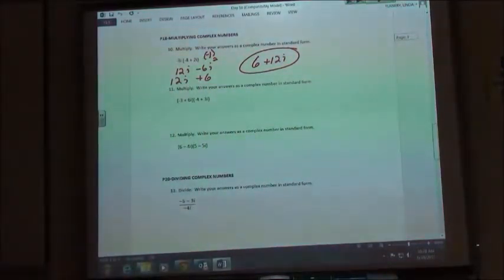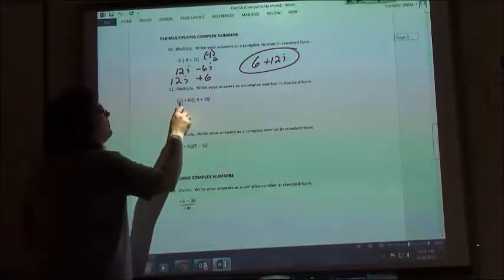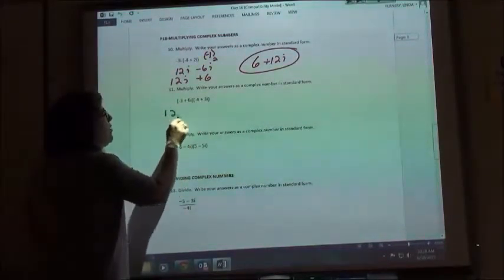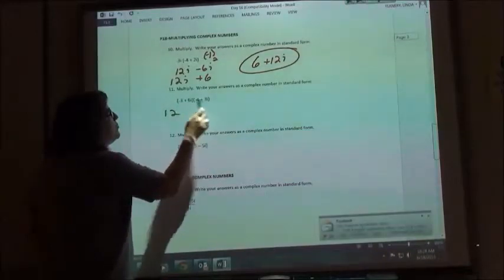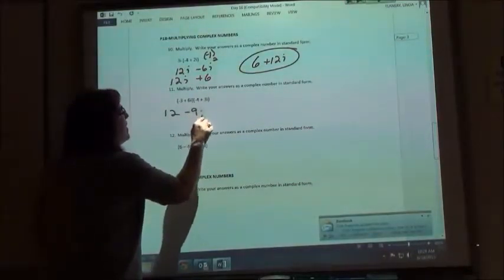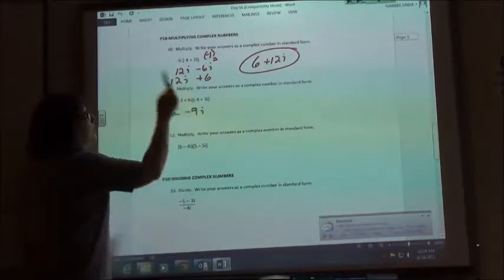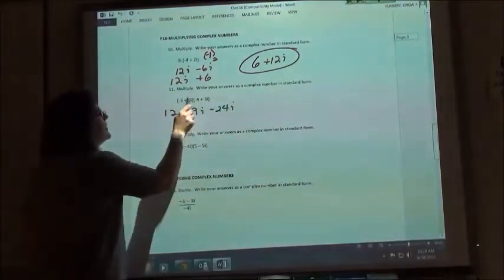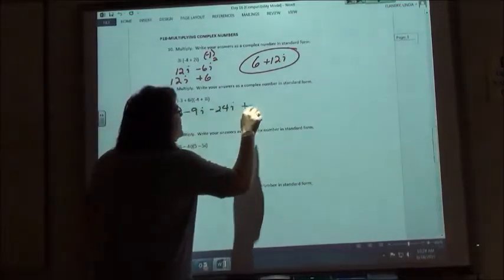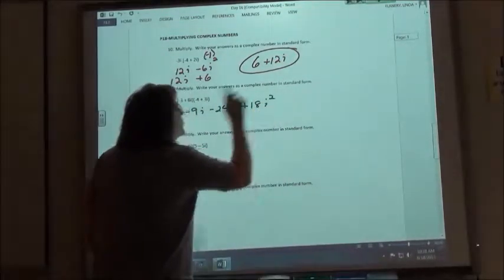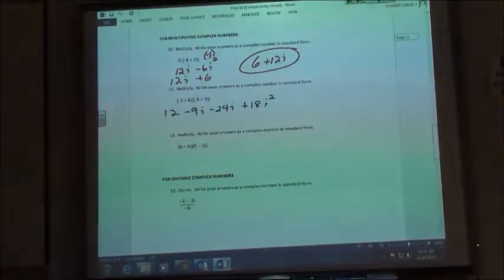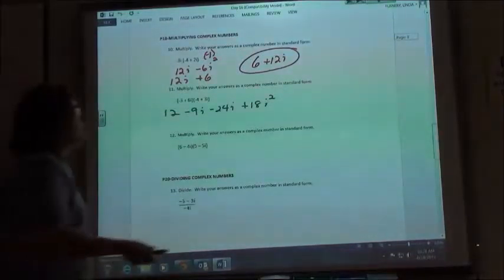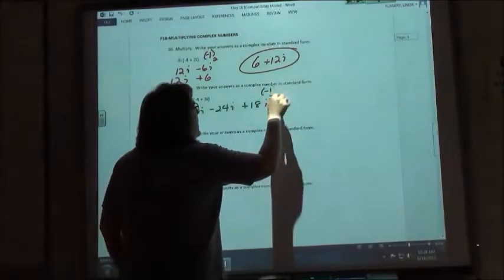So number 11, same kind of thing. I'm going to FOIL that one out first. So negative 3 times negative 4 is 12. Negative 3 times 3i is minus 9i. 6i times minus 4 is minus 24i. 6i times 3i is a positive 18i squared. So again, for that i squared, I can put in a negative 1.